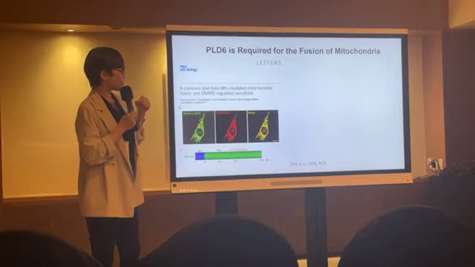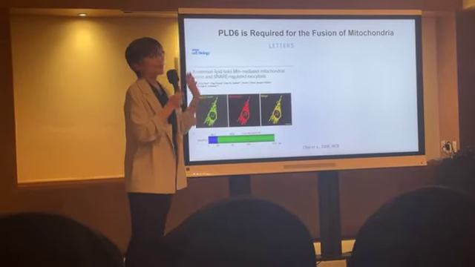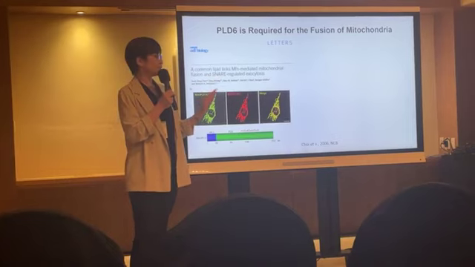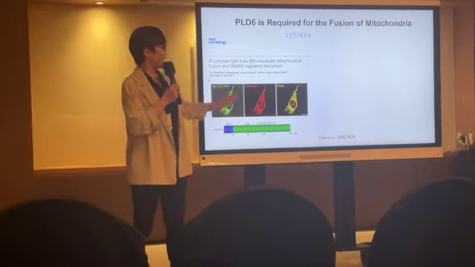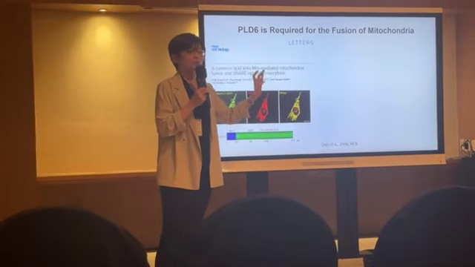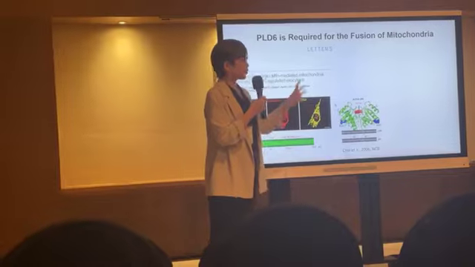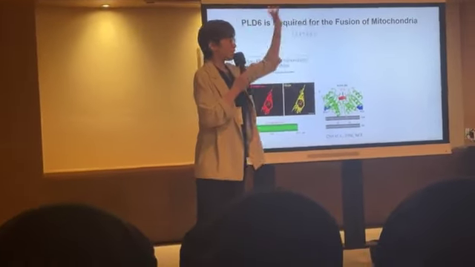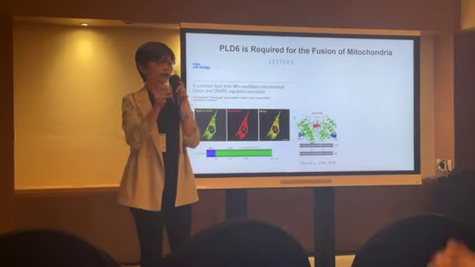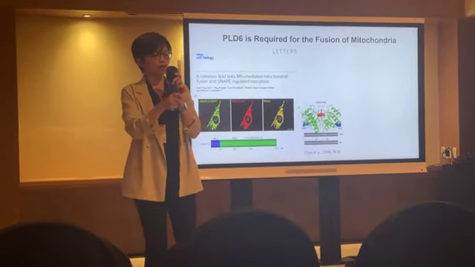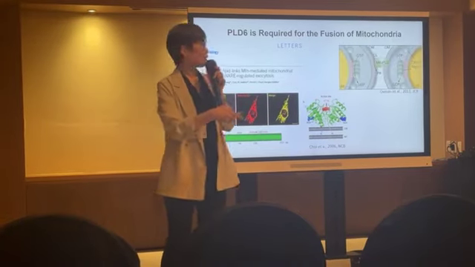This enzyme is very particular in the cell because, different from other PLD family members, this protein first has a mitochondrial localizing signal, and then actually localizes to the outer leaflet of the mitochondrial membrane. And then it forms a dimer with its active site facing outward. And importantly, the function of this enzyme is to convert, or hydrolyze, cardiolipin into phosphatidic acid, another phospholipid in our cell.